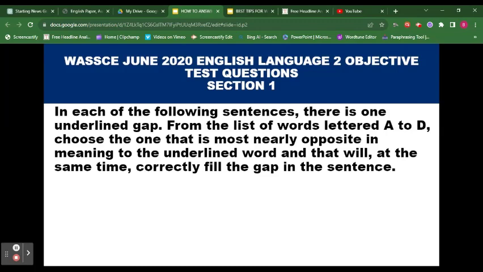From the list of words lettered A to D, choose the one that is most nearly opposite in meaning to the underlined word and that will at the same time correctly fill the gap in the sentence. So these are questions on antonyms, words nearly or most nearly opposite in meaning. Let's begin to look at them.